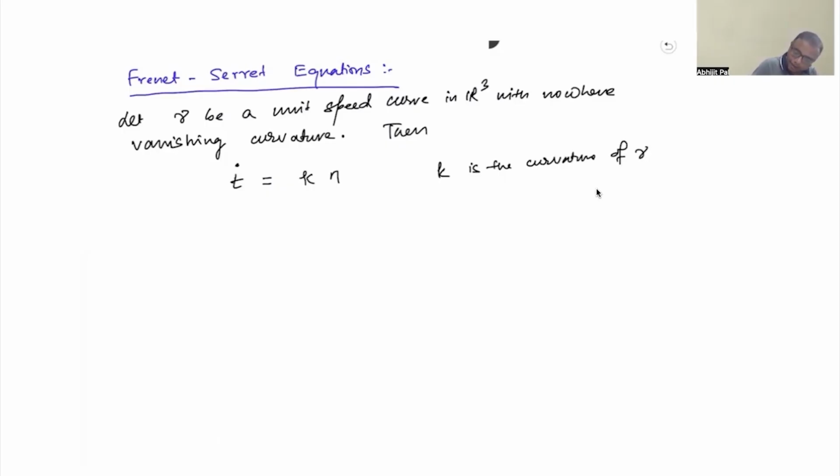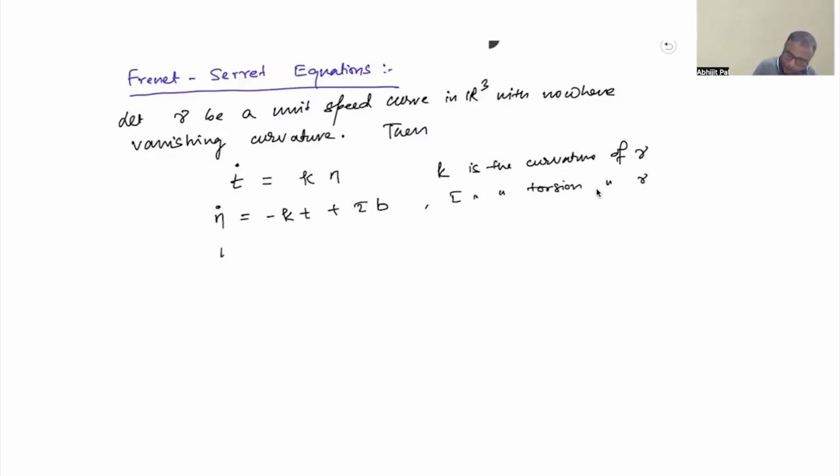Okay, and if I take the derivative of the unit normal vector, it will be minus k times the tangent vector plus tau B, where tau is the torsion of this gamma.